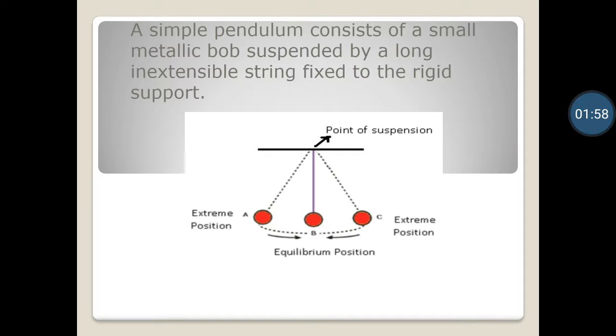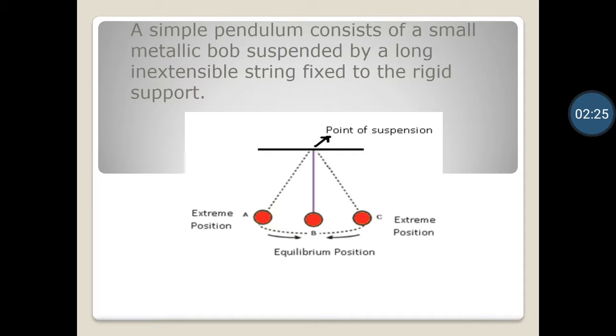the maximum displacement of the bob from B to C, that is from mean position or equilibrium position to extreme position, is called amplitude. In this figure AB and BC are the amplitude, and they are always equal. When is it said to be one oscillation completed?